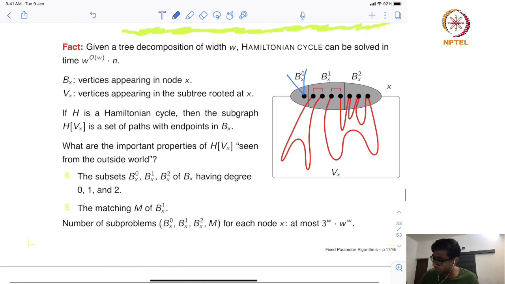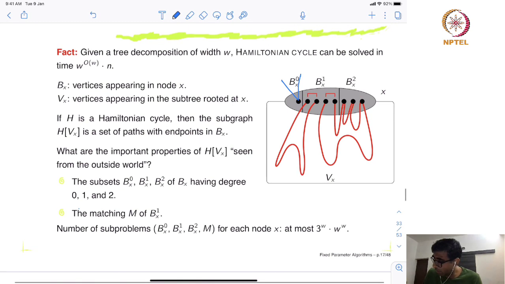Okay. So how many such subproblems are there? First you partition the vertices into degree 0, 1 and 2, so that's 3 to the power W. And now for the degree 1 vertices, you have to find the pairing.